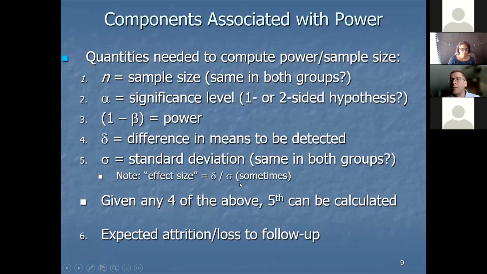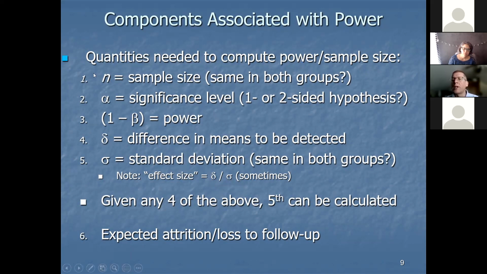The way that you can tell is if it's expressed as, say, half a standard deviation difference, or 2/3 of a standard deviation, or a fifth of a standard deviation. If they're using an effect in those terms, they're talking about this ratio. And we'll see when we look at the mathematical formula why they might be doing something like that.